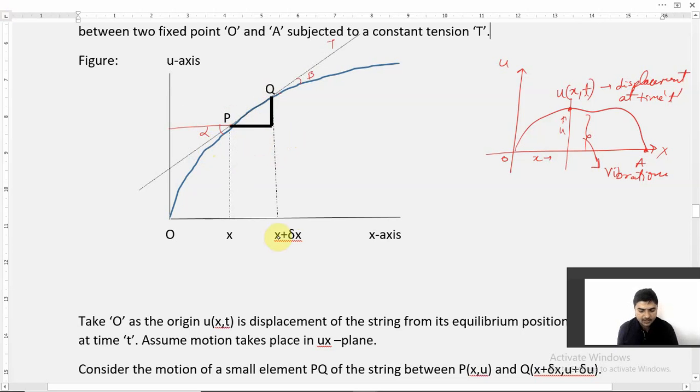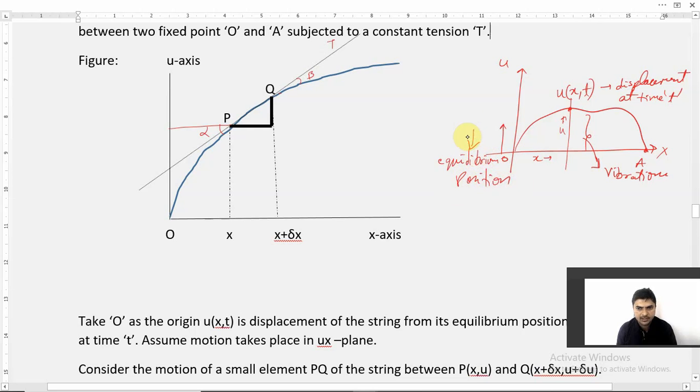There are two forces acting on a string. Please remember there are two forces acting on a string. One is taking away from the equilibrium position and another force is bringing the string to the equilibrium position. So this is away from the equilibrium position. So I say that this is our equilibrium position. And one is taking close to the equilibrium.